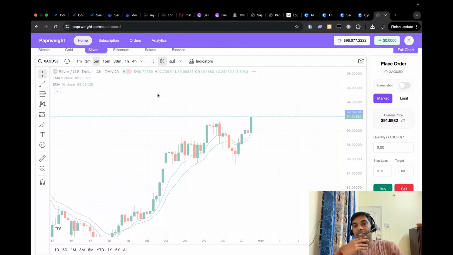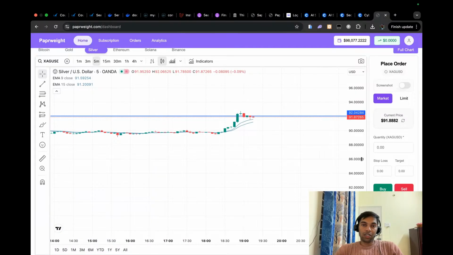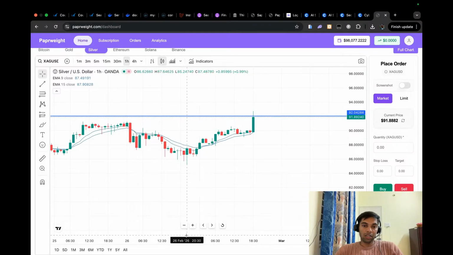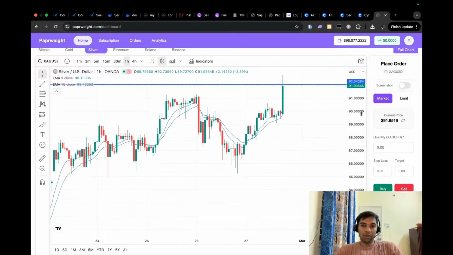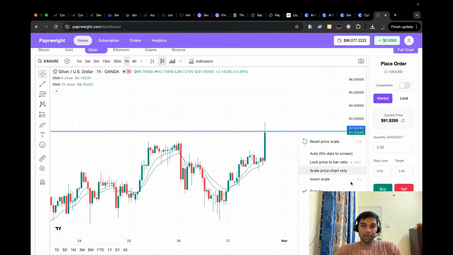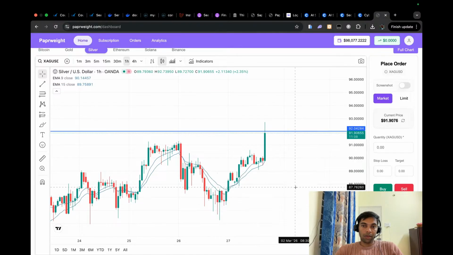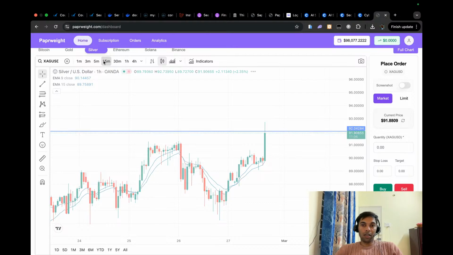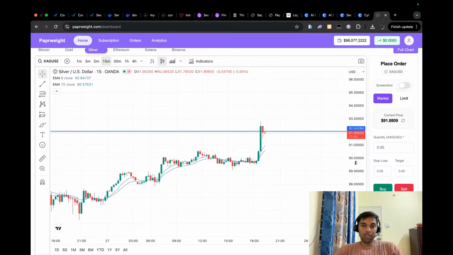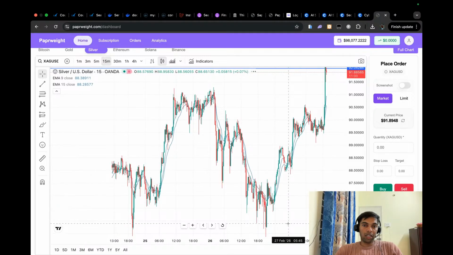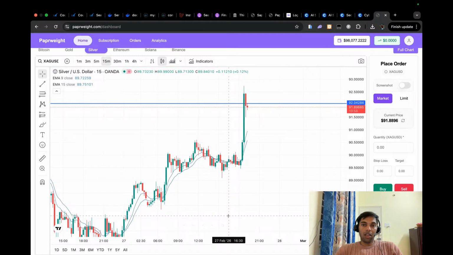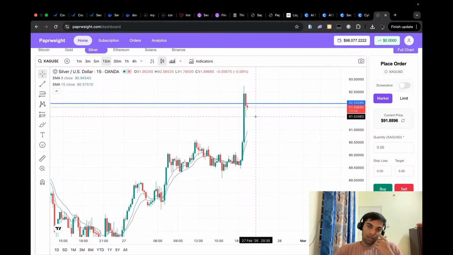TradingView is a bit slow, but we can manage it. Let's see what is happening at the 1 hour time frame. You can see this is an extremely bullish candle, and at 15 minutes you can see that this is an extremely bullish market in silver, same as gold.